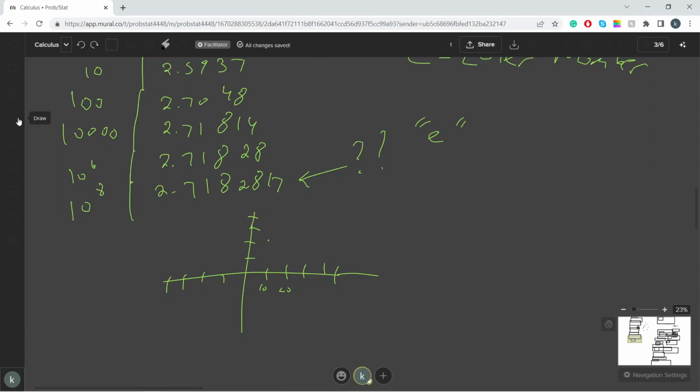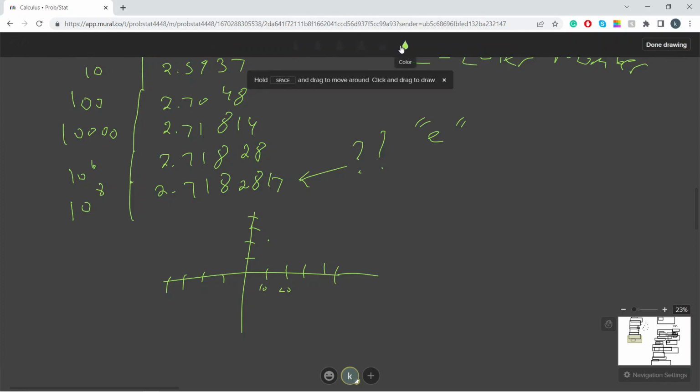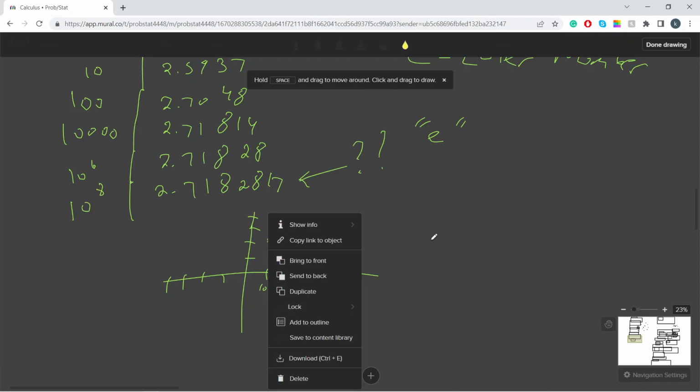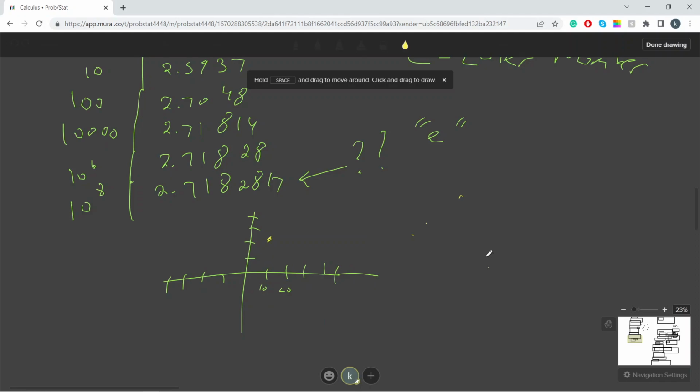Let's use yellow. So maybe 10 is about here. And then when we had 100, 100 was 2.7, so 100 would be maybe somewhere here. 2.7. This is just rough sketching.